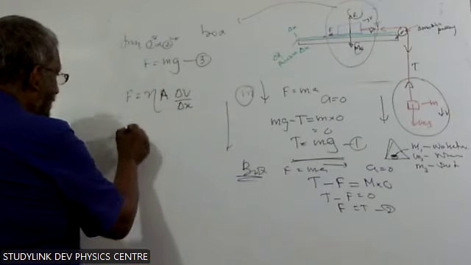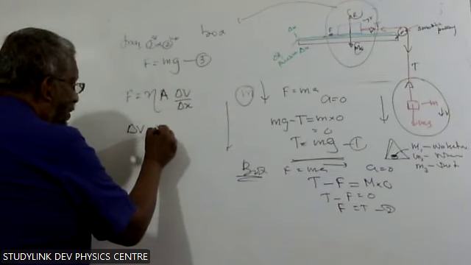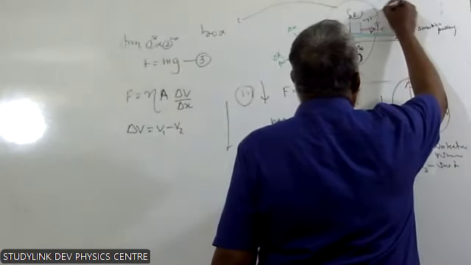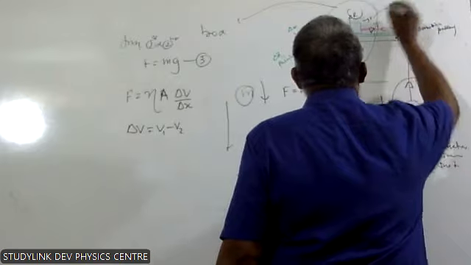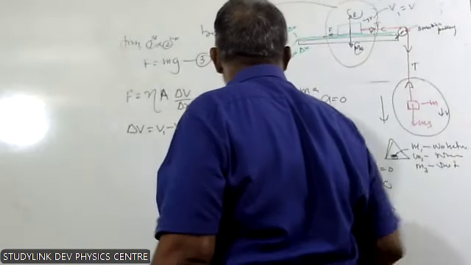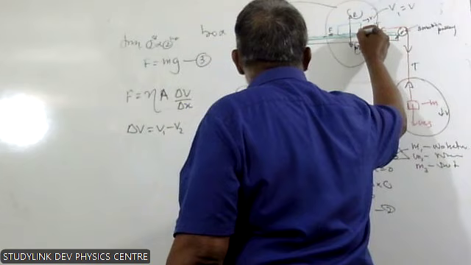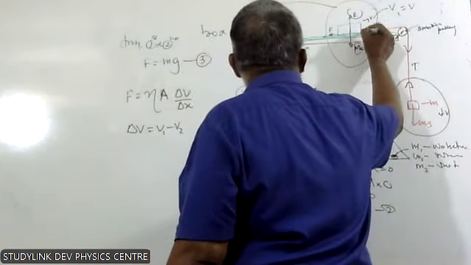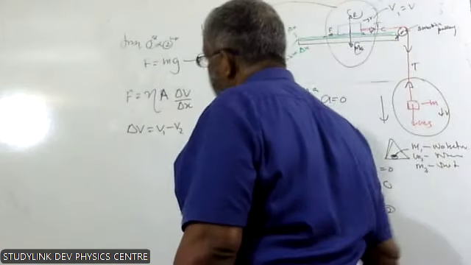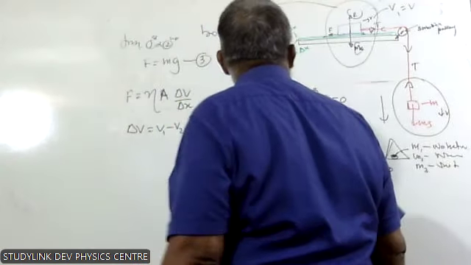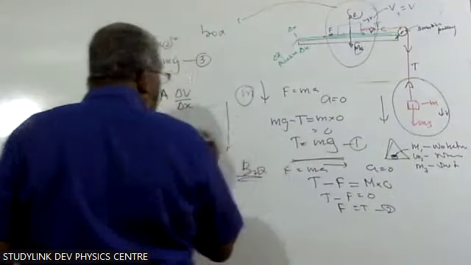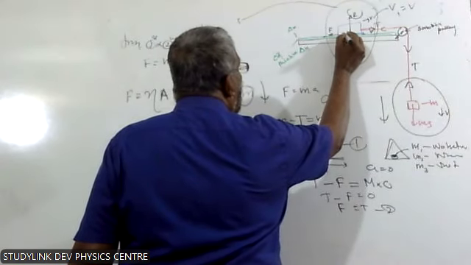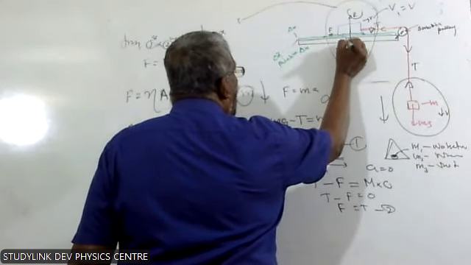So delta V is concerned: V1 minus V2. Here, V1 is equal to V, because the upper layer is moving with the same velocity as the box. Therefore, this liquid layer velocity is V1. V2 is at rest. Here you get V1 for the upper layer, V2 for the bottom layer.